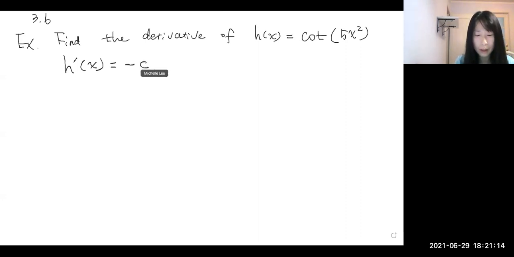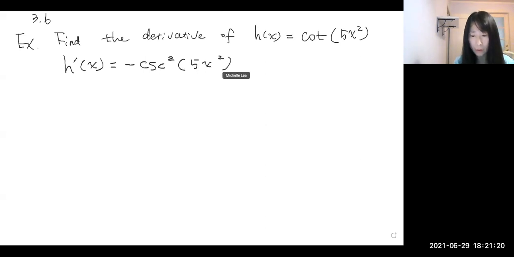So negative cosecant squared, and then we just follow exactly whatever they have. Now, where is the x? There is the x, right? So we're going to take the derivative. What is the inside?